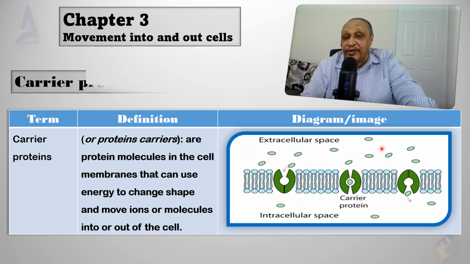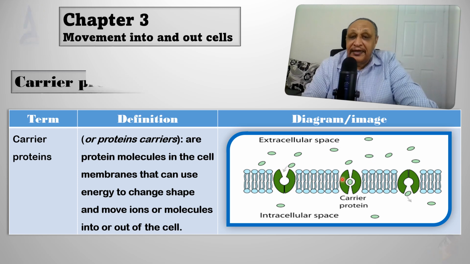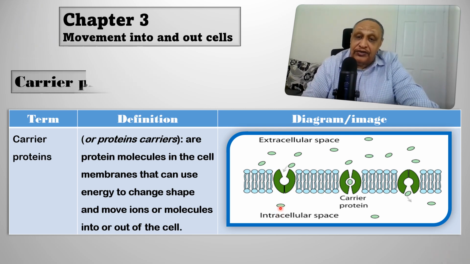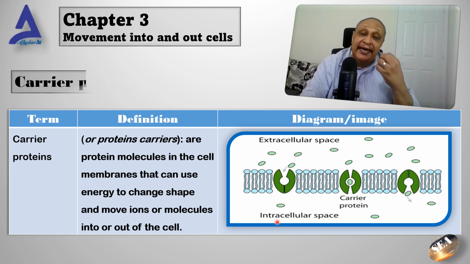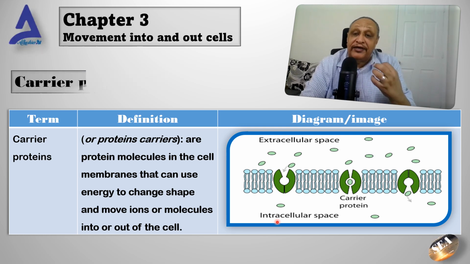What is wrong with this one? The wrong thing is that it goes from high concentration to low concentration, which is not true. The true one is to take it from the inside to the outside, from low concentration to high concentration. So you have to be careful and know what you want to do.